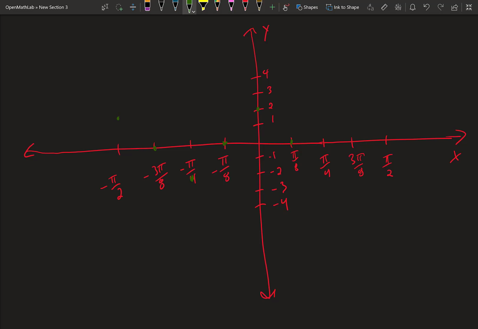Pi over 8 is at 0. Pi over 4, negative 2. 3 pi over 8 was at 0. And then pi over 2 is at 2. Right, so now just try to draw cosine in here.